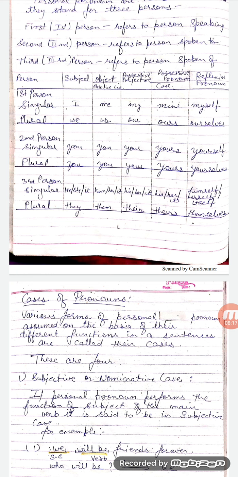Again, yours in the plural form is also the possessive case of the pronoun you. His is the possessive case of he. Her is the possessive case of the pronoun she. Its is the possessive case of the pronoun it. And theirs is the possessive case of the pronoun they.